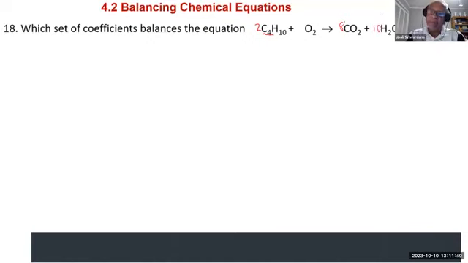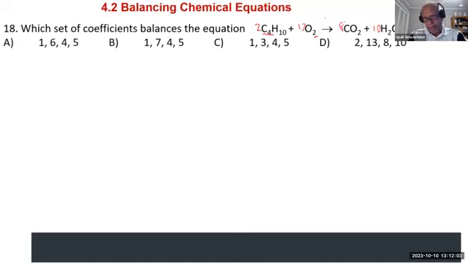To balance the oxygen now, 16 plus 10 is 26, so 13. Why 13? There's a 2 here. 13 times 2 is 26. So if you look at this, that's the balanced equation. That's how you balance.